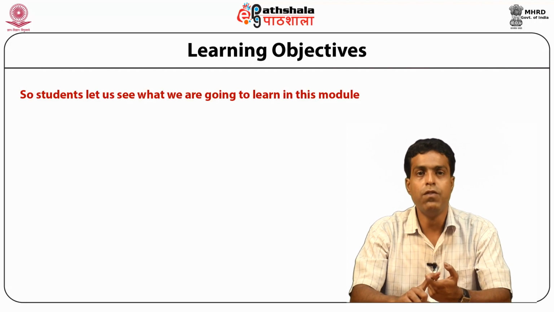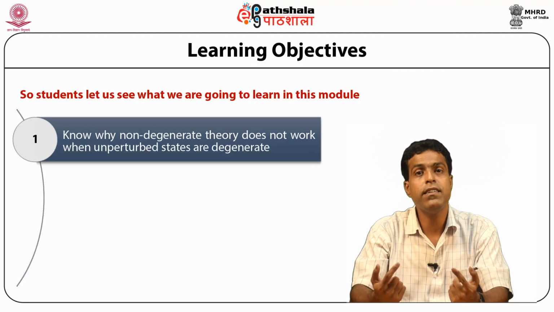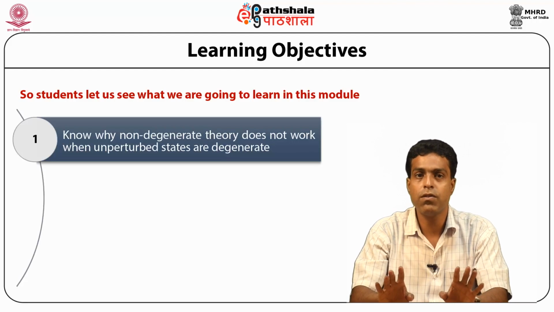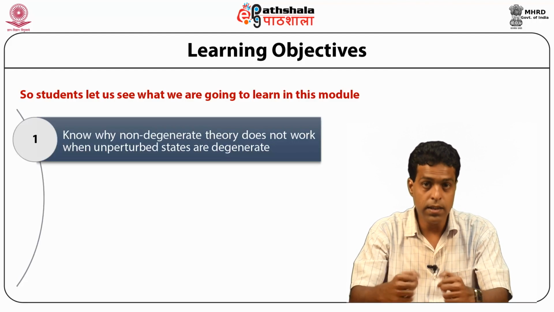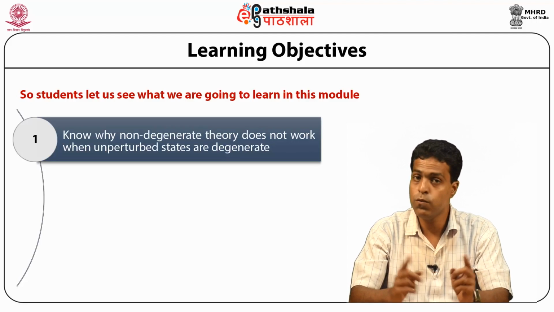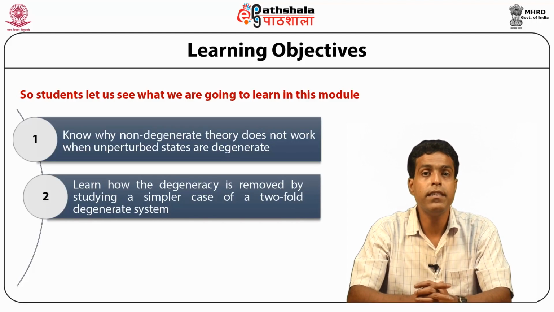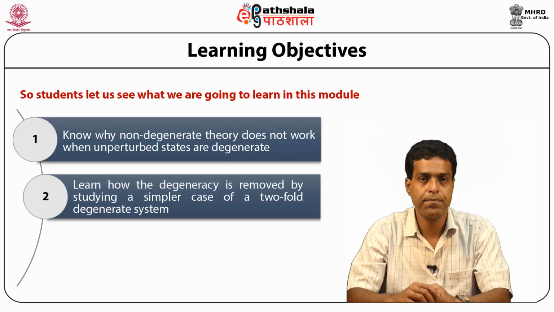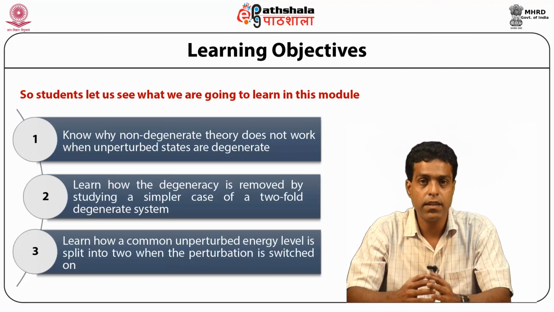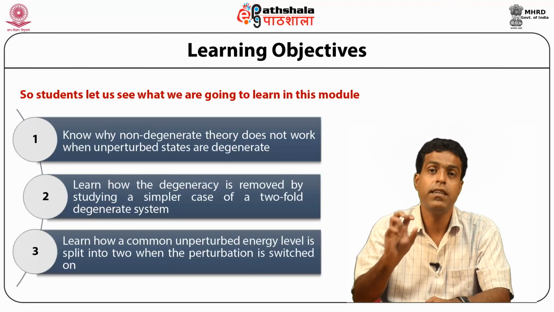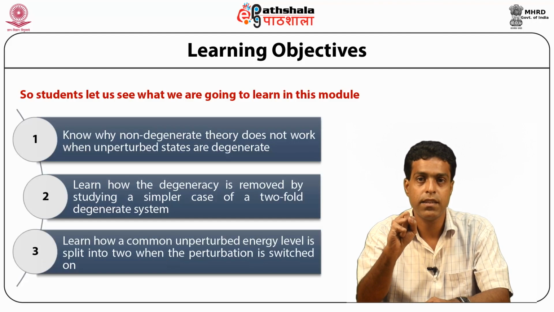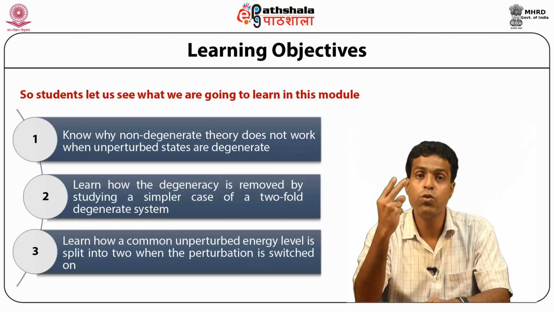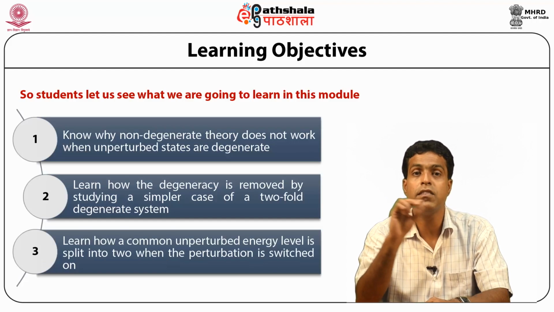First of all, we will know why non-degenerate theory does not work when unperturbed states are degenerate. We will learn how the degeneracy is removed by studying a simpler case of a two-fold degenerate system.